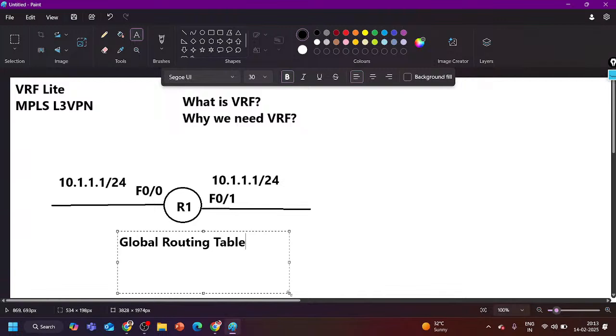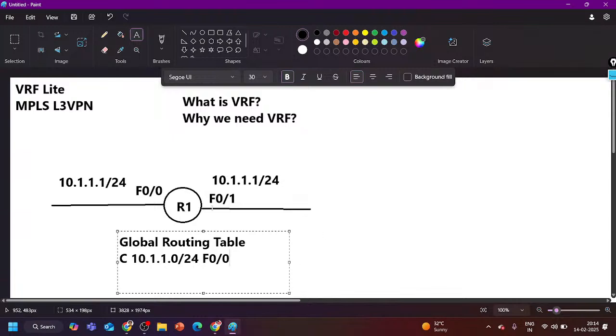So what will happen when I configure 10.1.1.1 on F0/0? It is going to make one entry that this prefix is directly connected. It will also find the network ID, which is going to be 10.1.1.0/24, and this prefix is directly connected on the F0/0 interface.